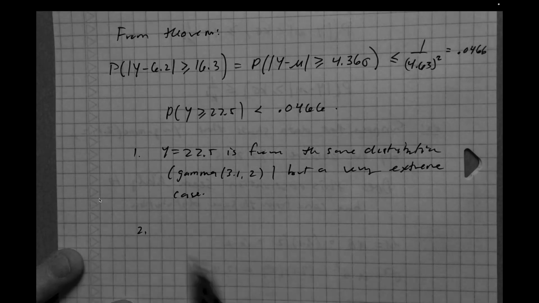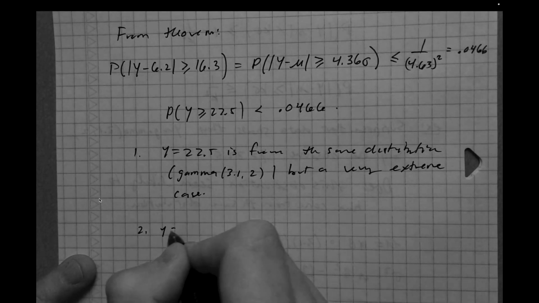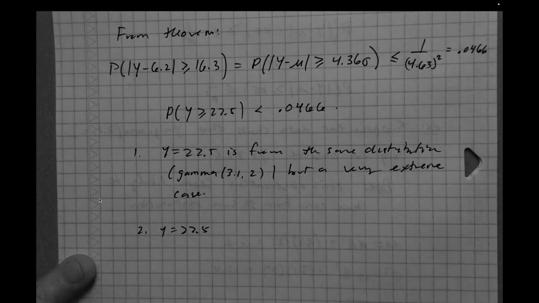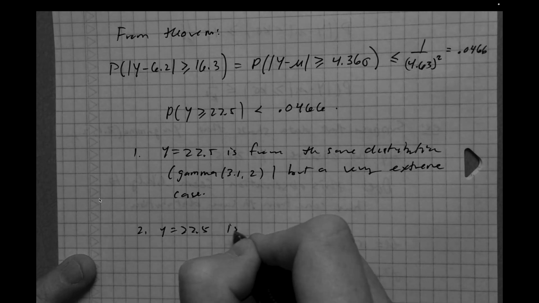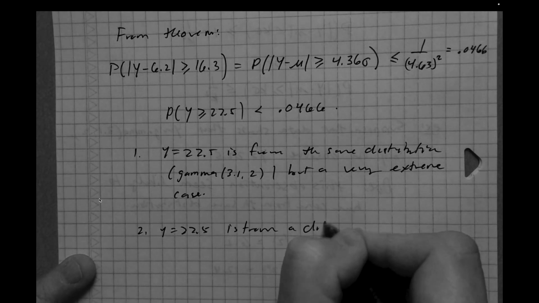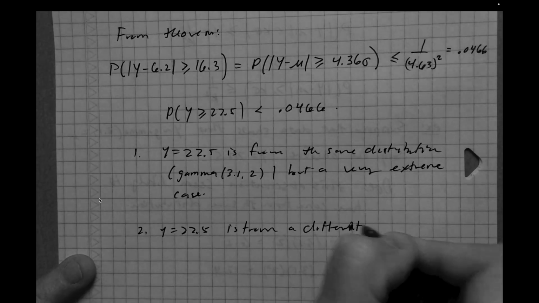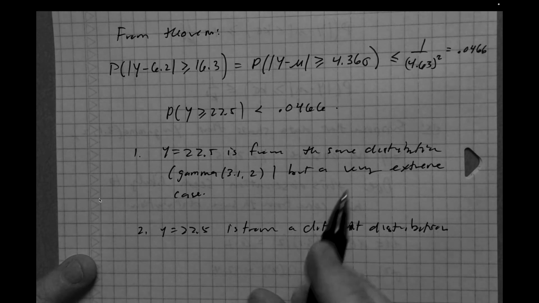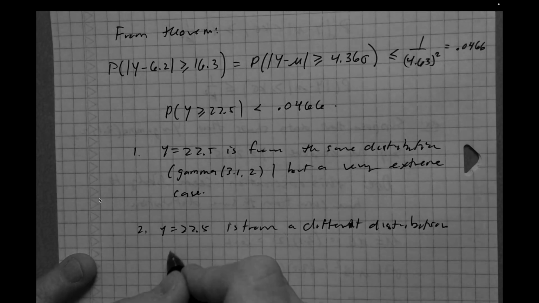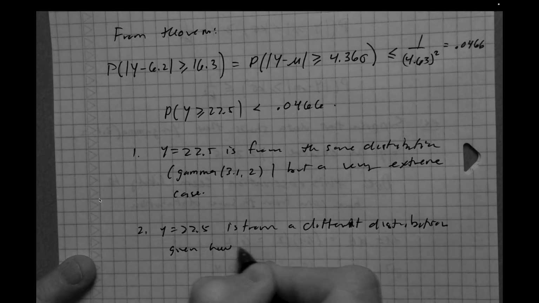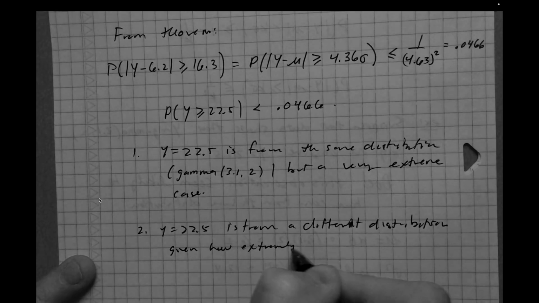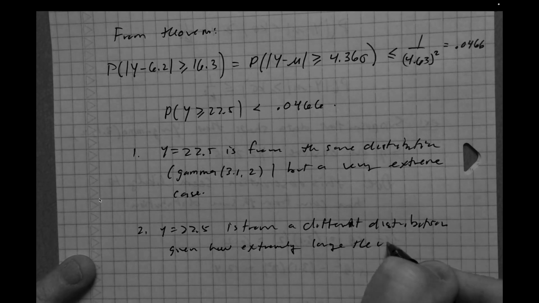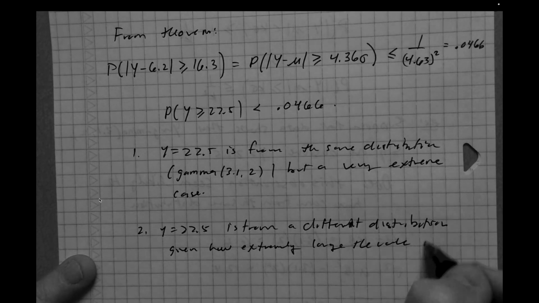That can happen, right? The other option is that y equals 22.5 is from a different distribution, given how extremely large the value is. And that can happen as well, right?